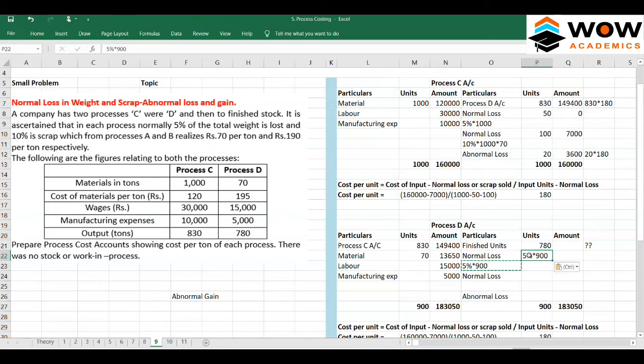Both put together, it would be 45 and their value is 0 because it is like evaporation. There is also a normal loss which could be sold for scrap. That value is 90, and this can be sold at a price of 190.